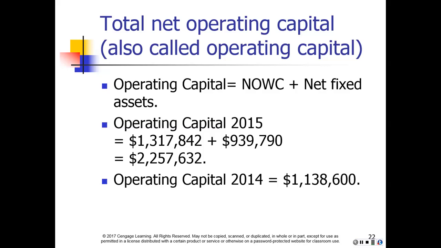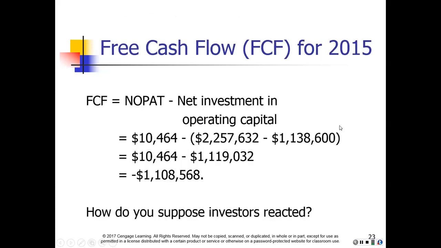I think there's supposed to be 2016 and 2015, so there's an error in this slide. Anyway, we take the difference and subtract it from NOPAT for 2016, and we get minus 1,108,568 as the free cash flow.